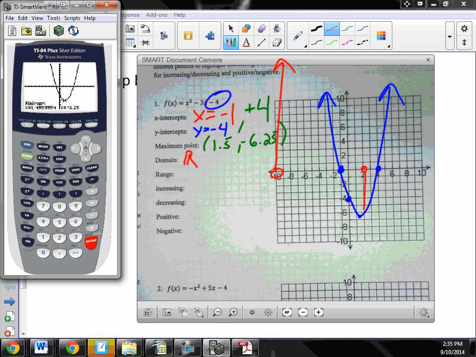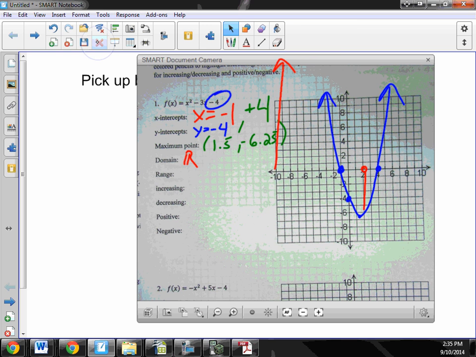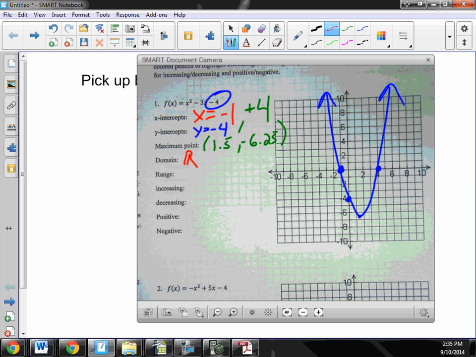What about the range? From negative 6.25 up to infinity. So remember, we write small number first, big number second. So my range is going to be y equals negative 6.25, comma, infinity.